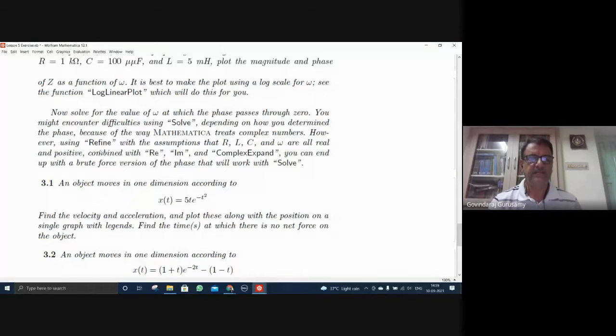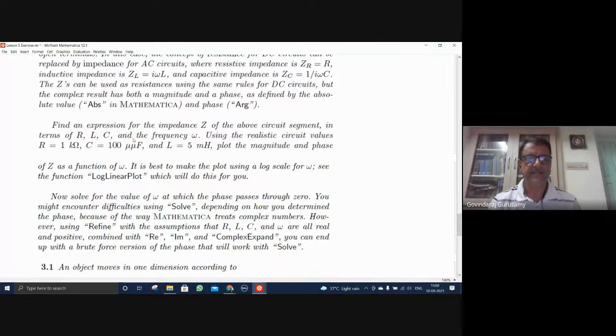However, using refine with the assumption that R, L, C and omega are all real and positive, combined with real part and imaginary part and the complex exponent, you can end up with a brute force version of the phase that will work with solve. So he has given some hints about what is going to happen when you start using it and handle them, taking care of all this refine and real, imaginary and complex exponent. All this can be done.